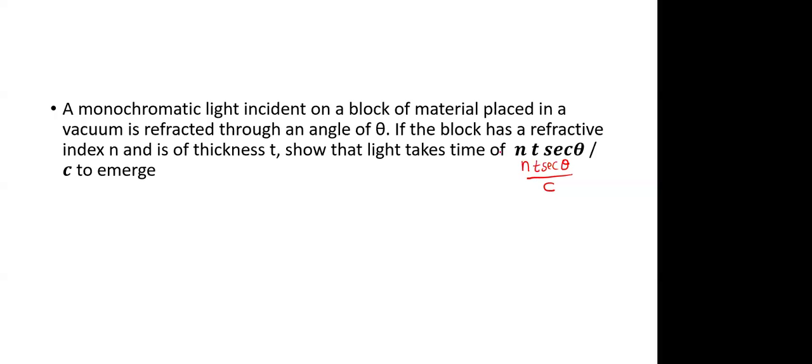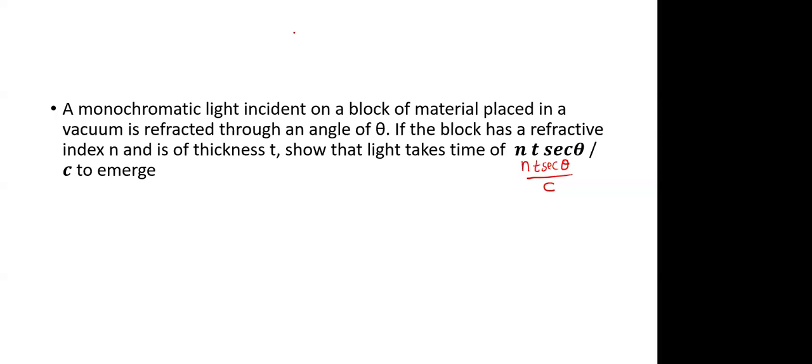Okay. Now, when they give you a number that involves calculation, it is always a good practice for you to first make a simple sketch of a drawing. Now, they're telling us that a monochromatic light, mono means one.